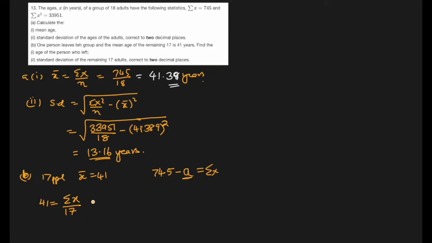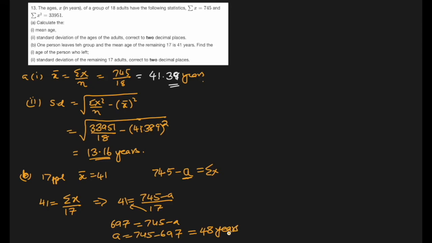So we write 41 equal to 745 minus A divided by 17. 41 times 17 gives 697, equal to 745 minus A. Bring A to the left side: 745 minus 697, which is 48 years. That is the age of the person, 48 years.